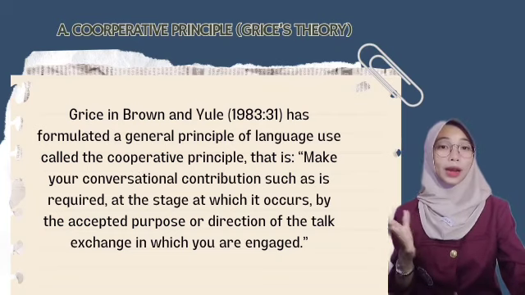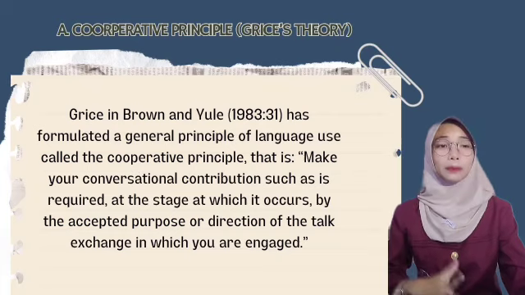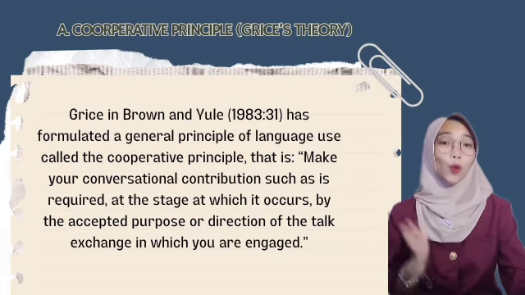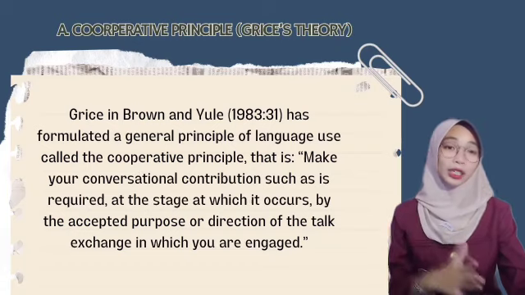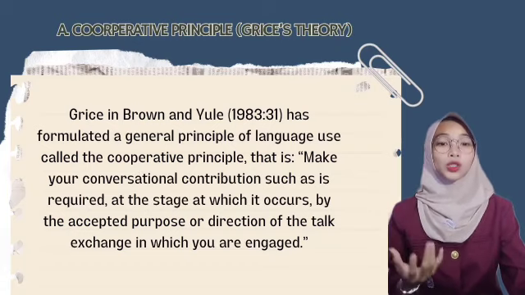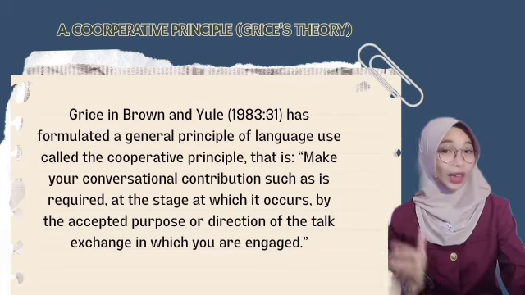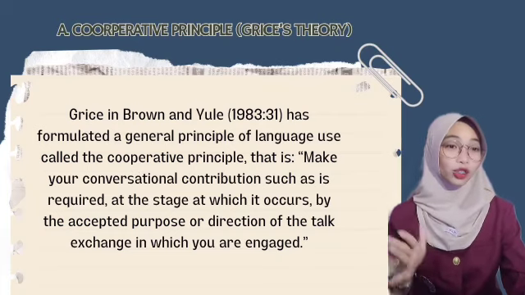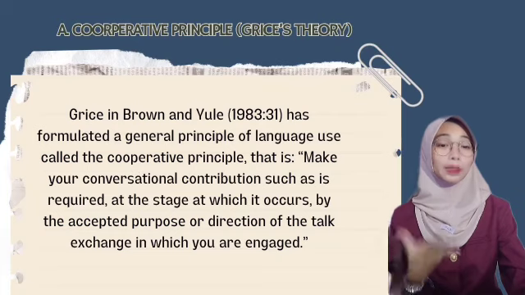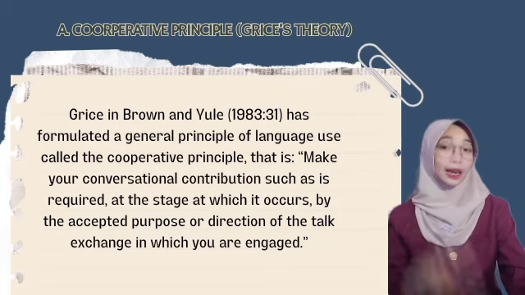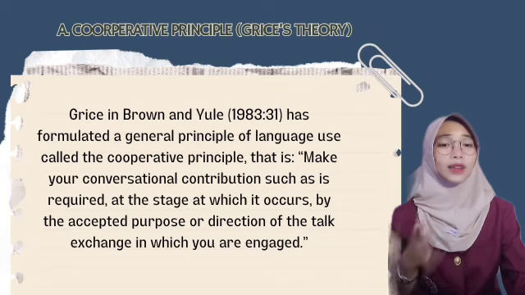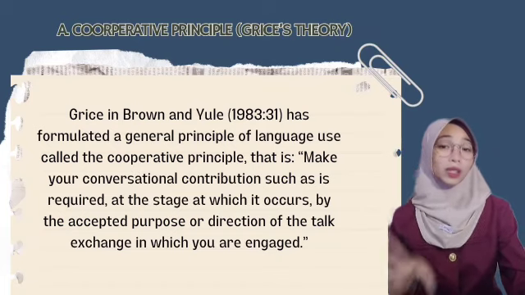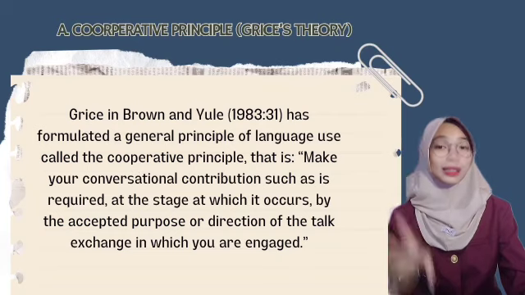People who obey the cooperative principle in their language use will make sure that what they say in the conversation has a purpose. So, Grice, in Brown and Yule, 1983, said that the cooperative principle has four major areas, and their significance is spelled out by the so-called conversational maxims.